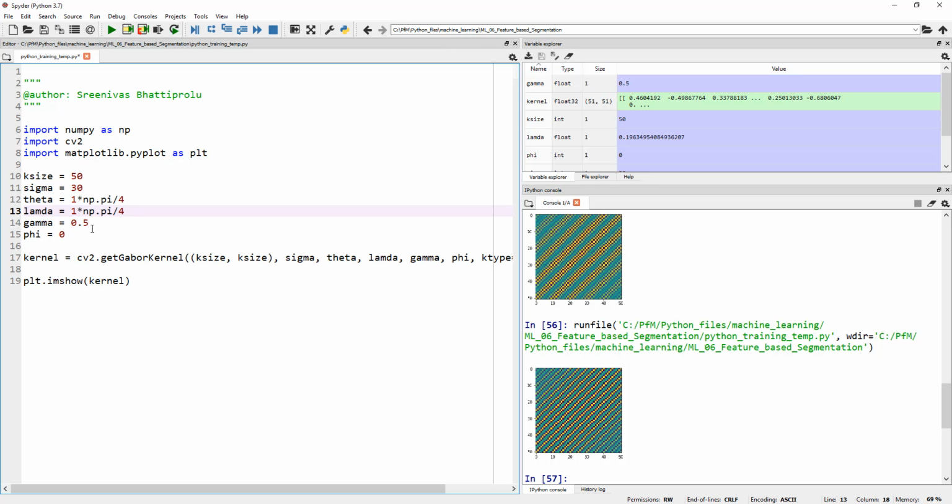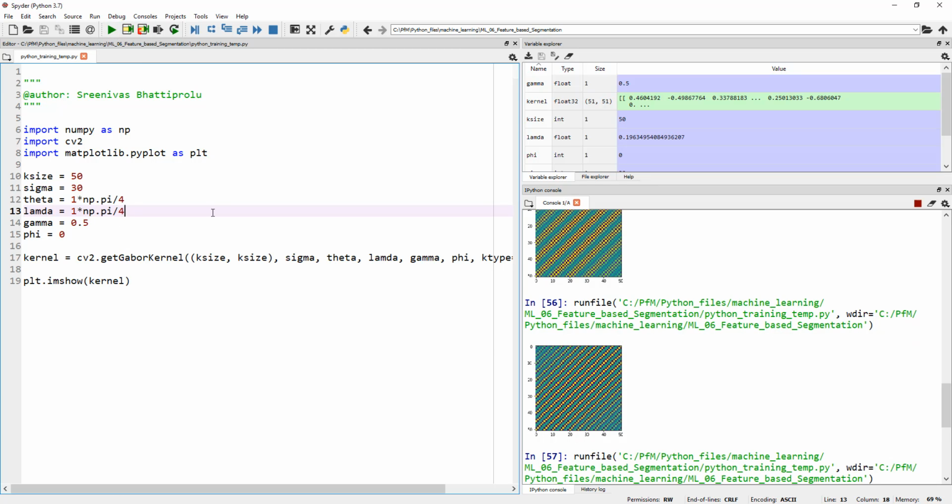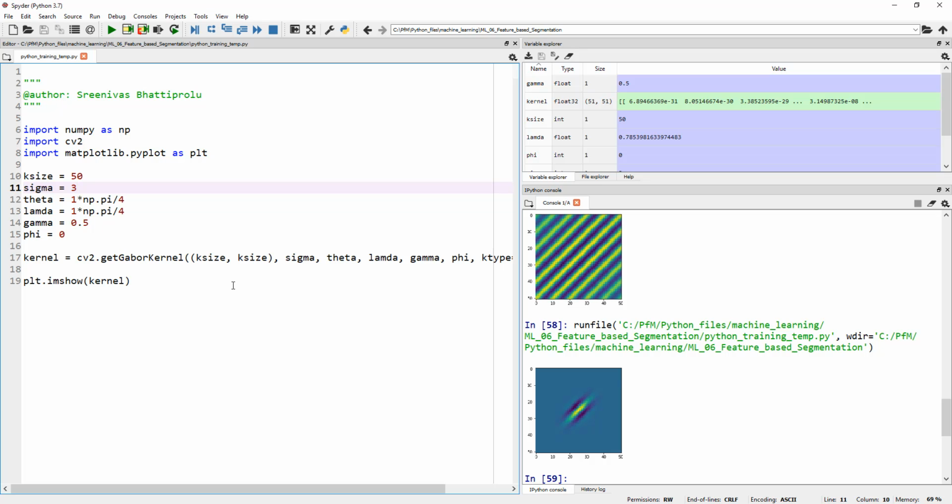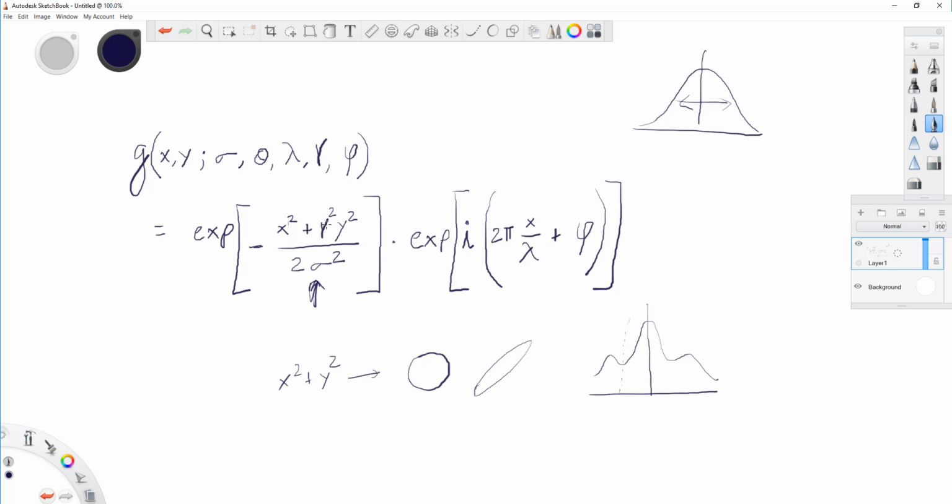Okay. Now gamma. Again, let's go back and apply this, and let's also make our sigma 3. Let me run this so it's easy for us to see. Now you see how the aspect ratio is right here. So now if I change the gamma to 1, again, I explained to you earlier on the drawing board, that means it's nothing but x squared plus y squared, which defines a circle.